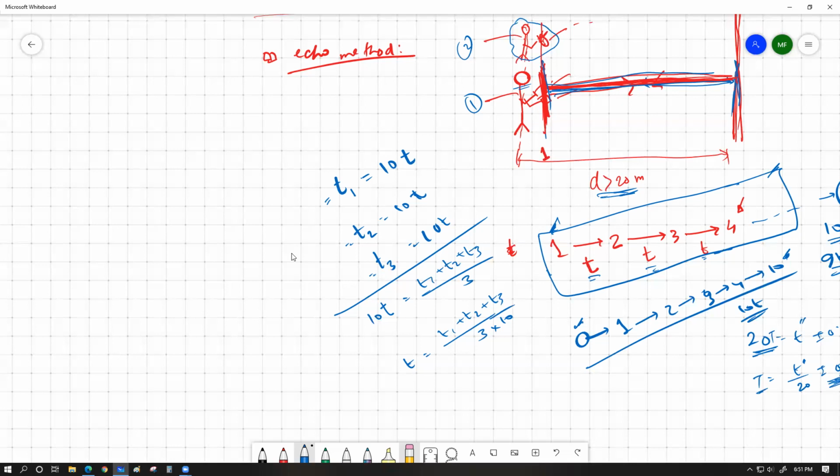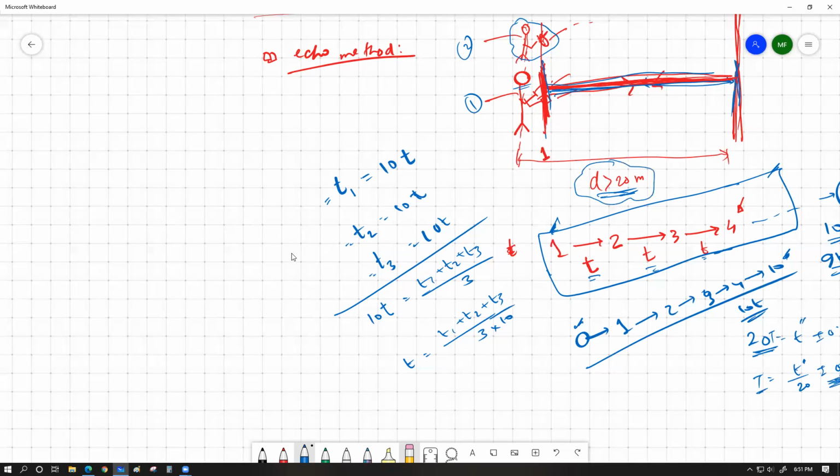Going for a measurement of slightly bigger than 20 meter is actually pretty good. It doesn't challenge the hearing of the echo, because the volume doesn't get that low, and the amount of time it takes from the made sound to the echo is also workable. So that's why we prefer to write a distance slightly bigger than 20 meter.